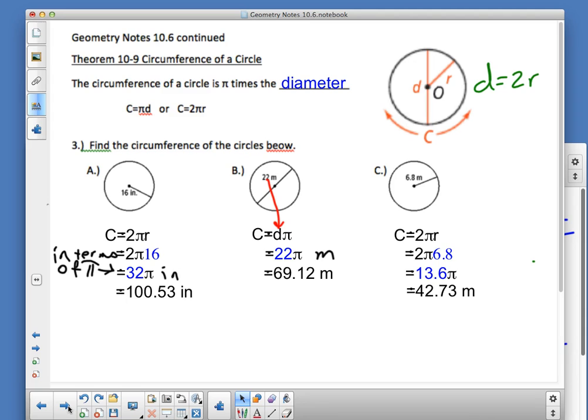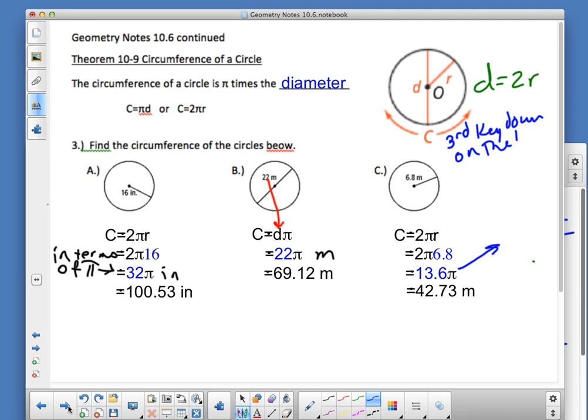Now, I want to talk about this because I was really loose about this. We're going to pull this over here for a second. I want you to pull out your calculator. If you've got graphing calculators, on the third key down on your left, you have the math key.